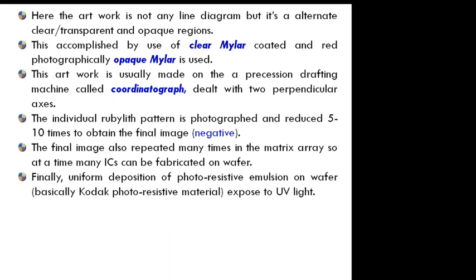Finally, a uniform deposition of a photoresistive emulsion. As I said, a clear mylar material is going to be deposited. It is also known as a photoresistive emulsion or photoresistive material on the wafer. Basically, a Kodak photoresistive material.